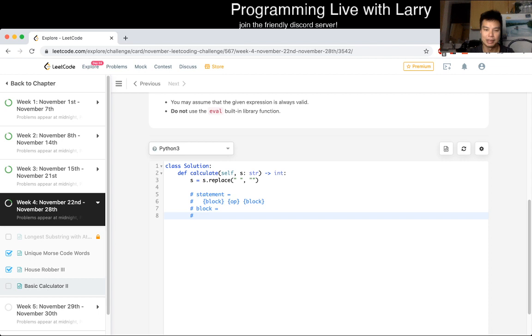And a block could also be another block, an operator, another block, and also, trying to think whether this is the best way to represent it, but you could put an or.